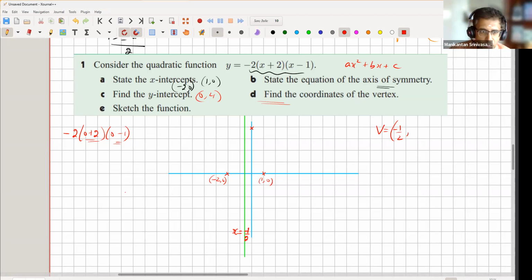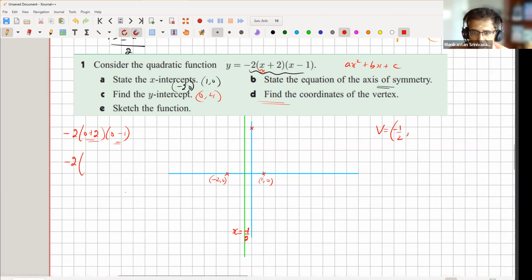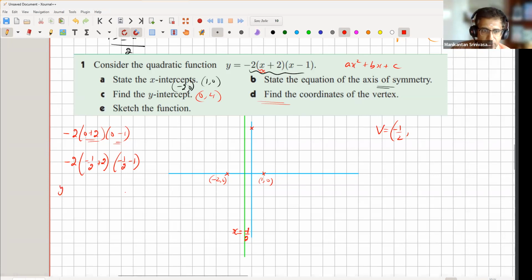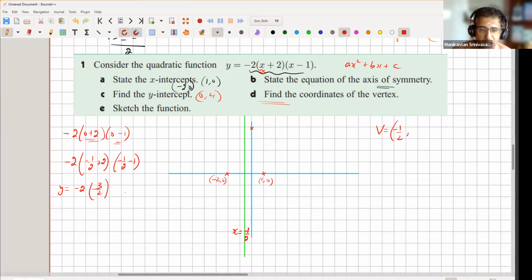Yeah, either you can do that or directly substitute x equal to, what is the x value? -half, right? I'm putting x equal to -half in the function. So y equal to -2 times (-half plus 2), which is 3 by 2, and (-half minus 1), which is -3 by 2.